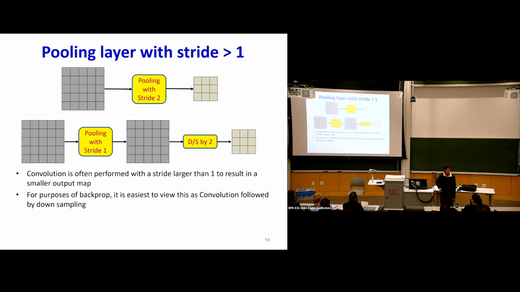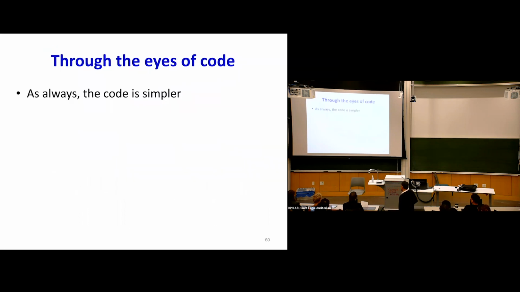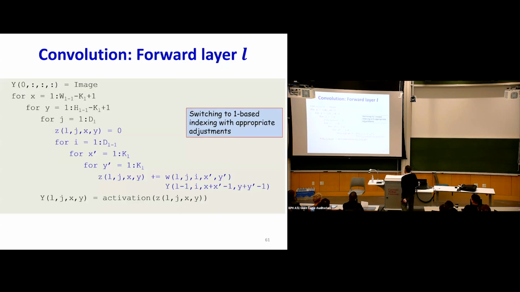But there's an even simpler, mechanical and brainless way of doing it. I don't mean it's unintelligent, I mean you don't have to think. And in fact, maybe this is more intelligent. The code is simpler. Why is that? When I perform conventional convolution going forwards, I'm going to be scanning left to right, top to bottom.